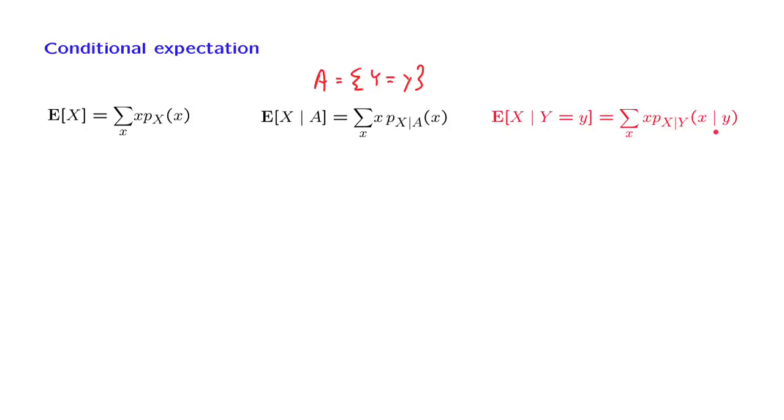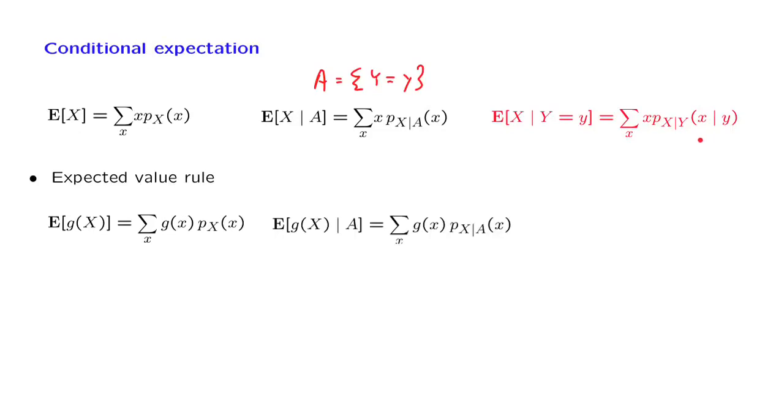Recall now the expected value rule for ordinary expectations, and also the expected value rule for conditional expectations given an event, something that we have already seen. Now, in PMF notation, the expected value rule takes a similar form.